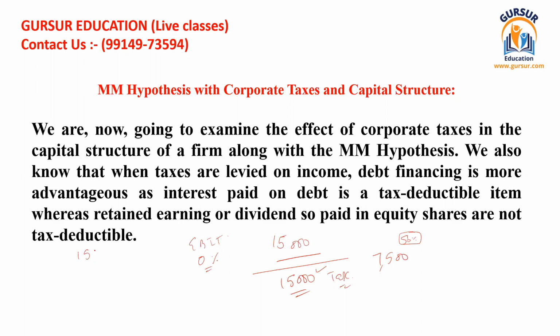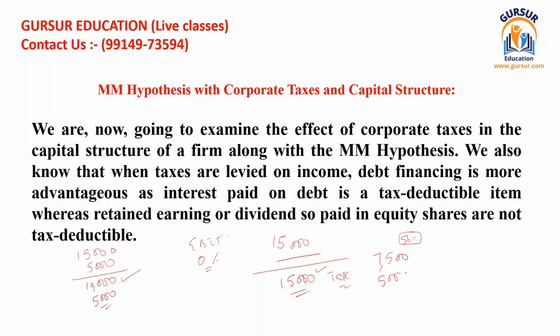But in case you have employed the debt, the debenture on which you have to pay interest of 5,000, then interest is a deductible expenditure. So after deduction of the interest from the EBIT, you are left with the value of 10,000 only. Now you have to pay the tax on this 10,000 only. When we calculate the tax on this 10,000, it comes to 5,000.